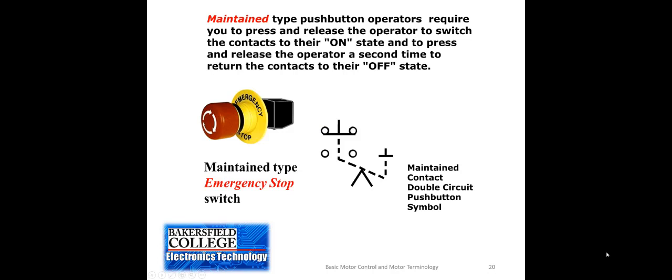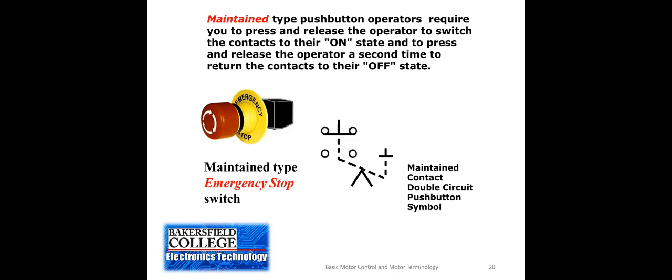Now there's a type of switch that we've talked about before, and we'll cover it again, that is called a maintained switch or a maintained control. That means that it stays in the position that you activate it in.